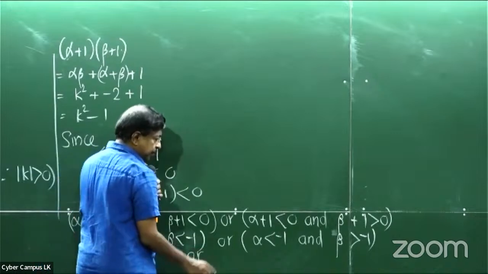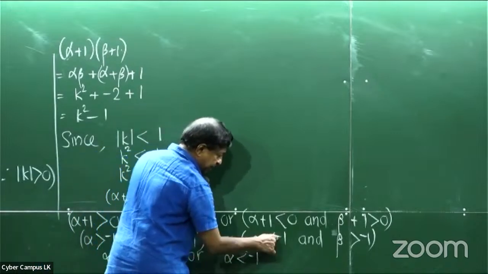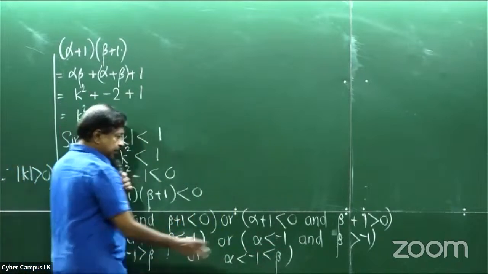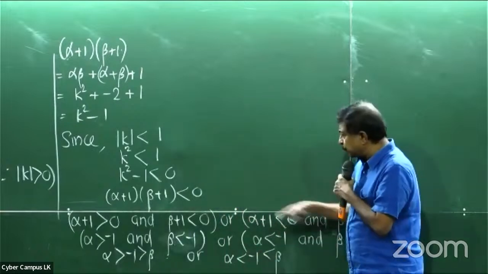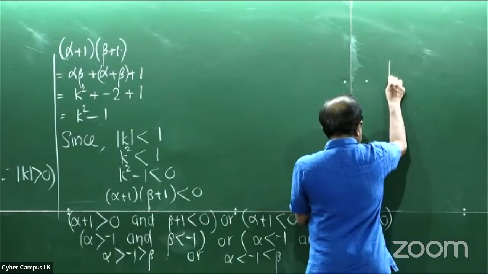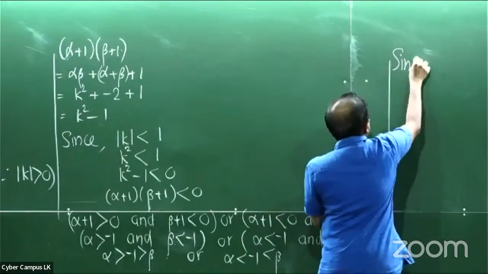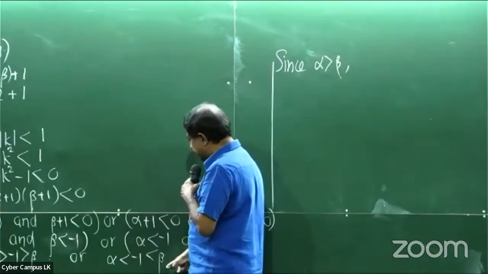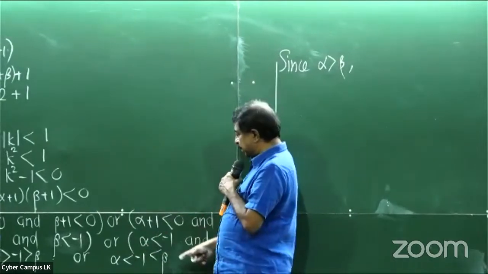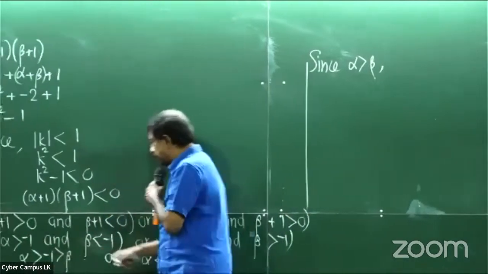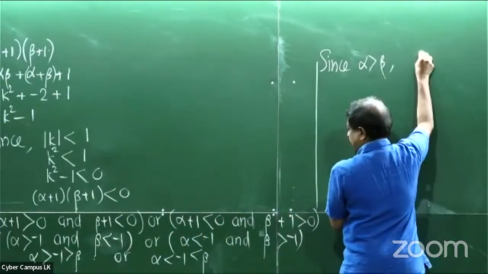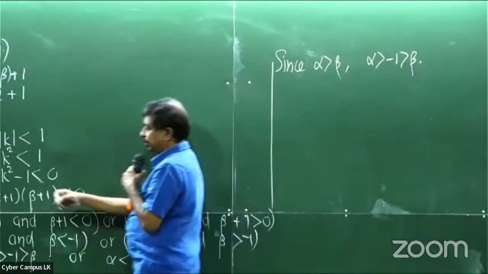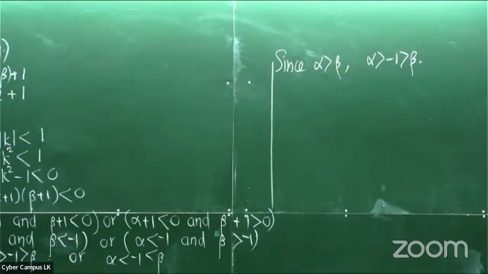Alpha is less than minus 1 and beta is greater than minus 1. Now, there are two cases. Since alpha is greater than beta, this cannot happen. Last time I didn't include that step. Therefore, this cannot happen. Therefore, you get this. So we are done with that part.